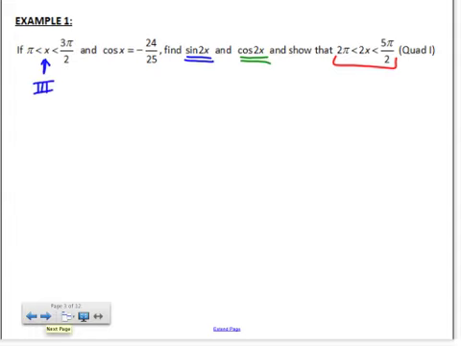Why is that important? Because in quadrant 3, cosine is negative and sine is negative. So we are now going to find our value for sine of 2x. Sine of 2x is, what's the formula? 2 sine x cosine x.